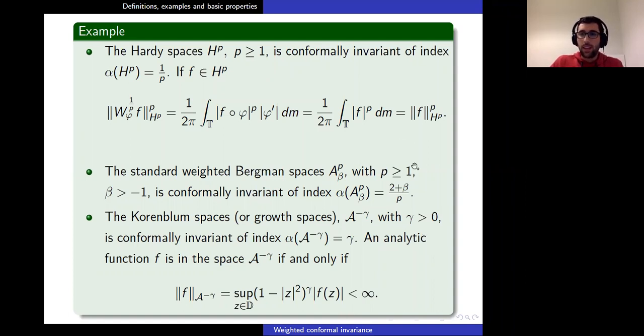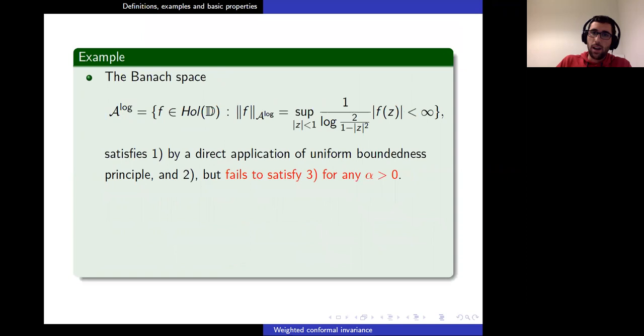We can see that in all of these three types of examples, the weighted composition operator W_{alpha,phi} defined in property 3 is actually an isometry. On the other hand, if we consider this space A_log that consists of all analytic functions in the unit disk such that the supremum is finite, we can see that this space satisfies property 1 and property 2, but fails to satisfy property 3 for any index alpha greater than 0.